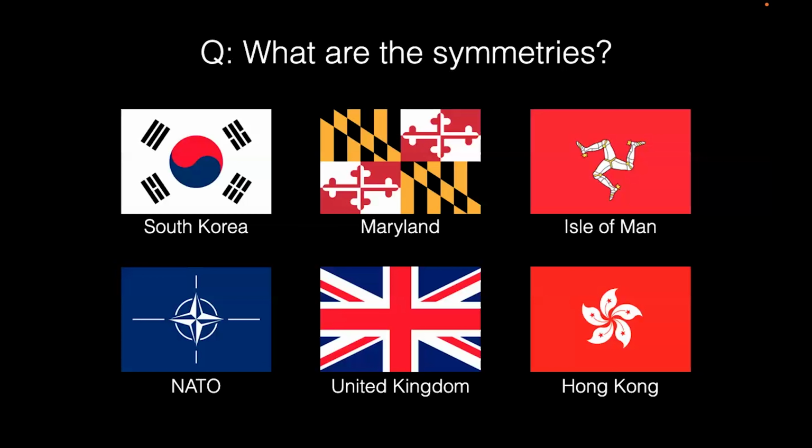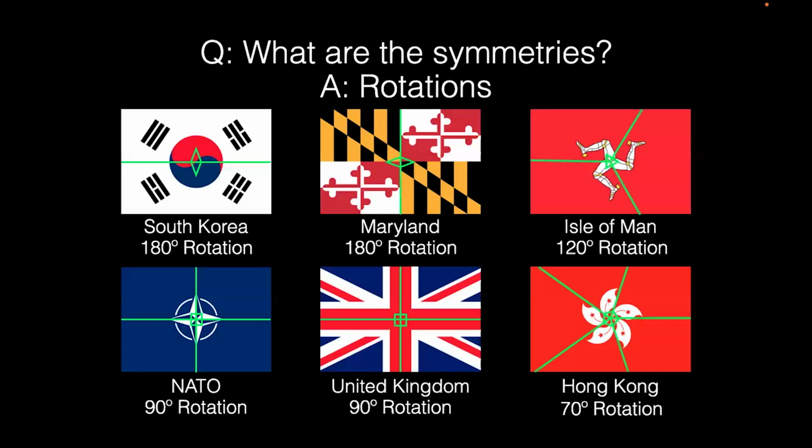We can play the same game as before. We can say, what is the center of symmetry, and then carve out a fundamental domain. Here's the center of symmetry, and I'm using shapes to denote the order of the symmetry. For the twofold, 180-degree symmetry, we've got diamonds.